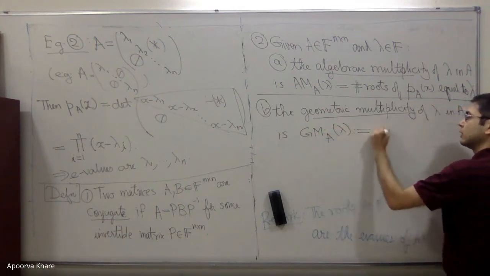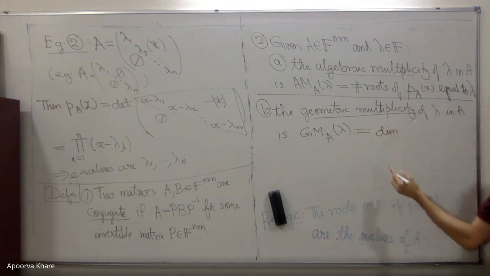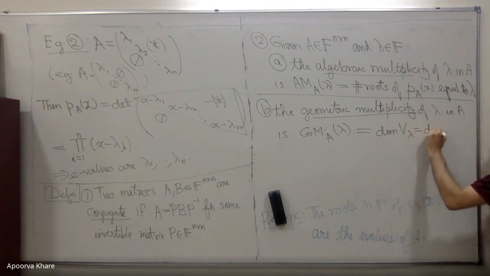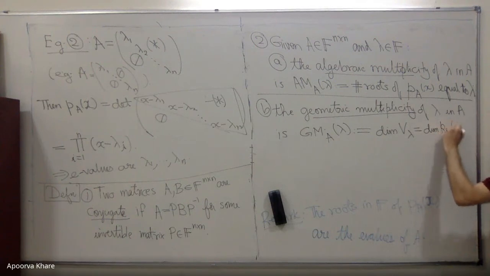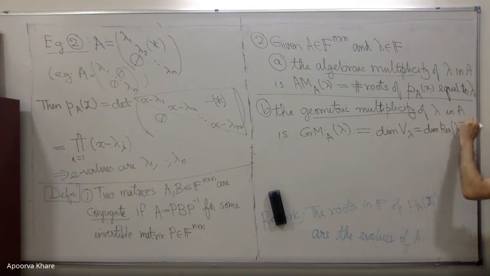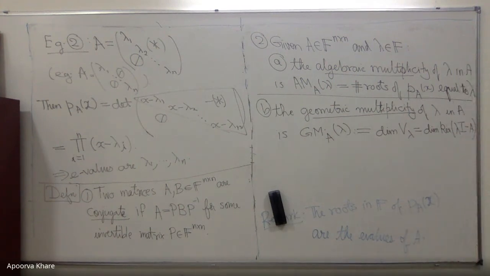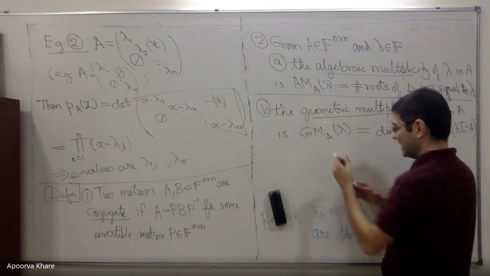That is defined literally to just be the dimension of V lambda. That is the dimension of the kernel of lambda identity minus A. Okay, so these are the algebraic and geometric multiplicities.